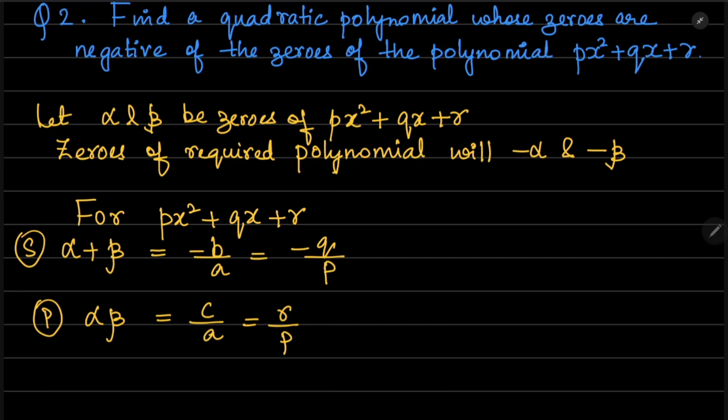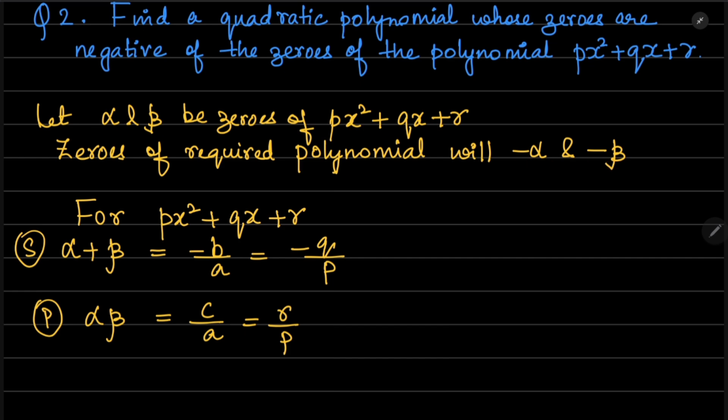So this px square plus qx plus r is the given polynomial, the one the question gives us. For this polynomial, we assume alpha and beta are the zeros, and we have calculated the sum and the product. Now, for the required polynomial, the zeros would be minus alpha and minus beta.